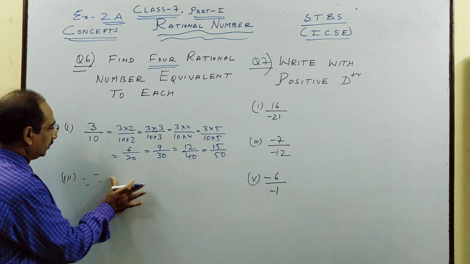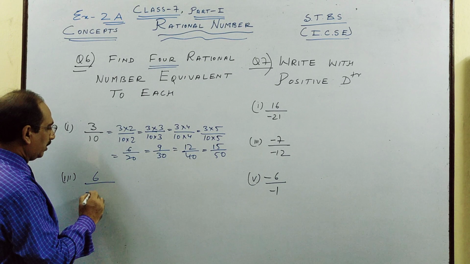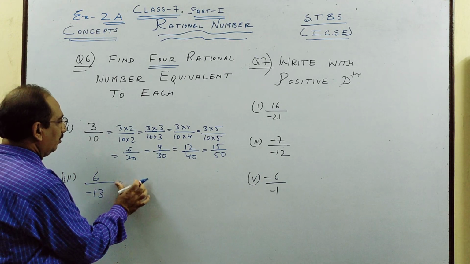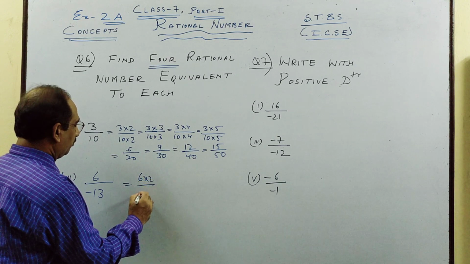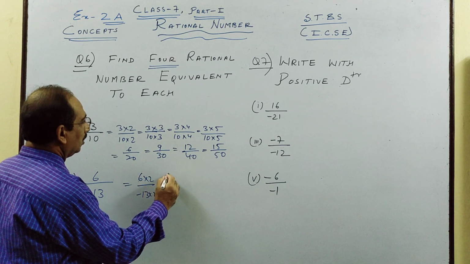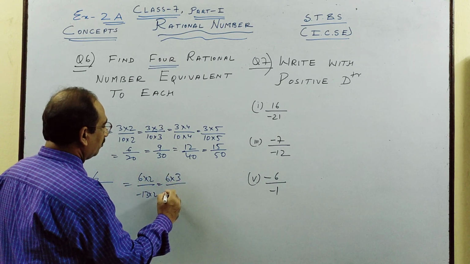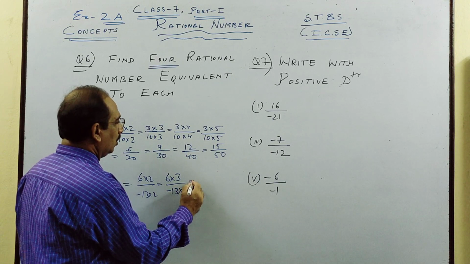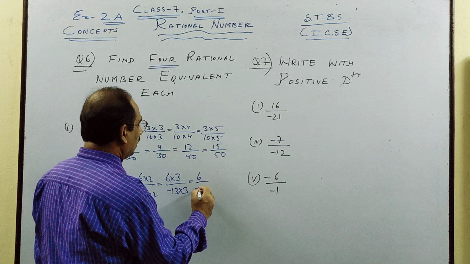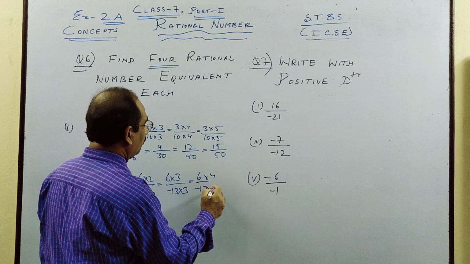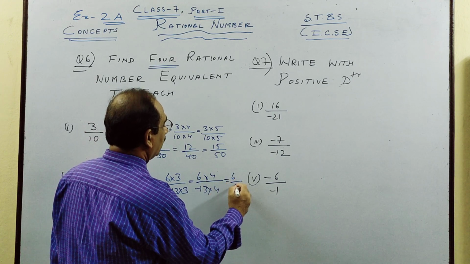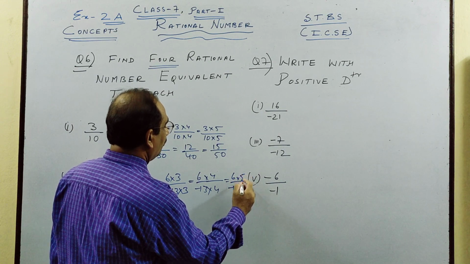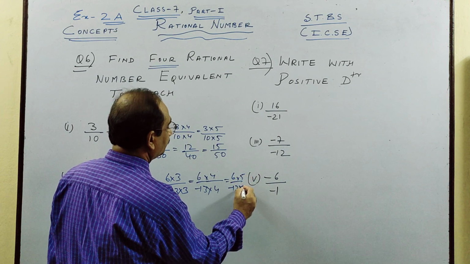Similarly here, 6 by minus 13, we will get 6 into 2 by minus 13 into 2, 6 into 3 by minus 13 into 3. So up, children, if you see, it is table of 6 and down table of 13.